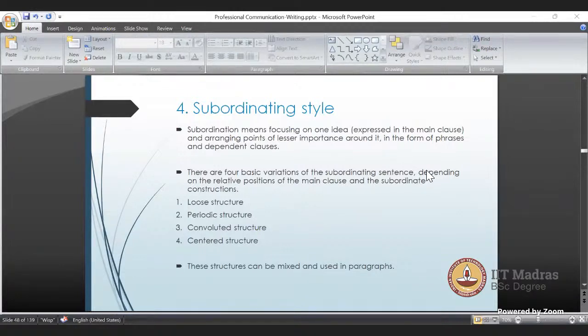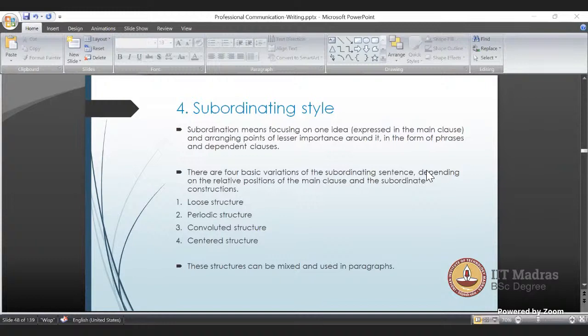So the main clause is going to carry your main idea. All the other points of lesser importance will be taken up by the subordinate clauses built around that. Because of the presence of subordinate clauses, they have named it subordinating. What you need to keep in mind is that your central idea, your main idea, will go to your main clause, and the ideas that are lesser important will go to the subordinate clauses.